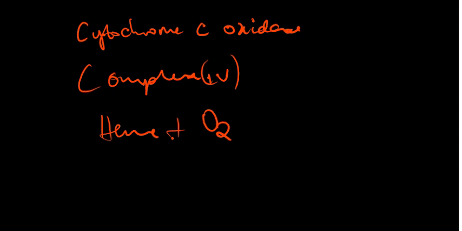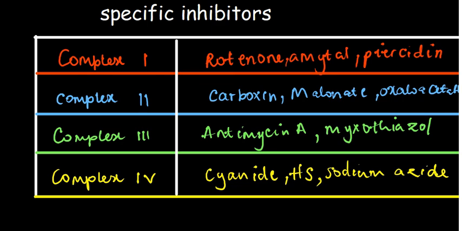So this is exactly what's happening. Then the next thing that we're going to talk about is some specific inhibitors that I took the time to draft in a table. In complex 1, some of the inhibitors are rotenone, amytal and piericidin. In complex 2, you have carboxin, malonate, as well as oxaloacetate.